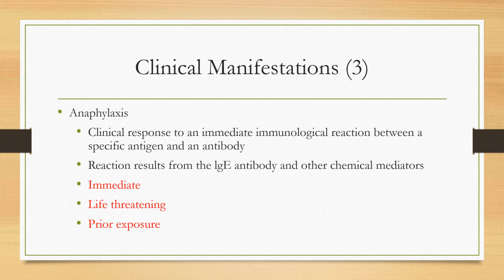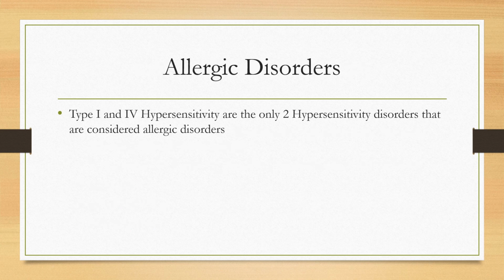So with the prior exposure, it may have been itchy eyes, a sore throat, fullness in the throat, their tongue might have gotten a little thick, and then they might have taken some medications, and then that has gone away. But now with the second exposure, they are going into full anaphylaxis. So type 1 and type 4 hypersensitivity disorders are the only two hypersensitivity disorders that are considered allergic disorders.